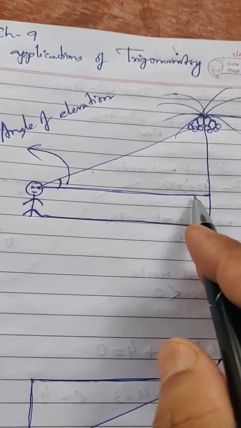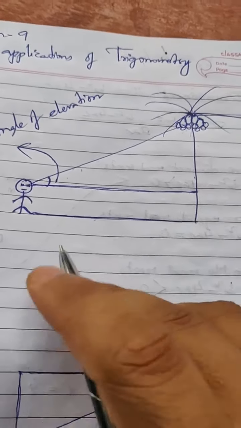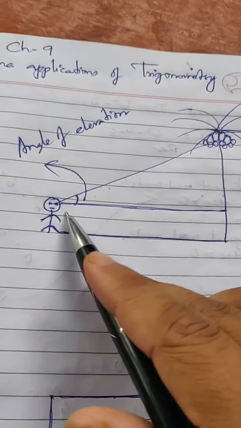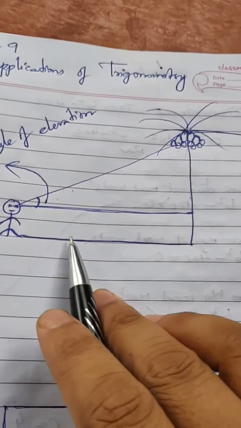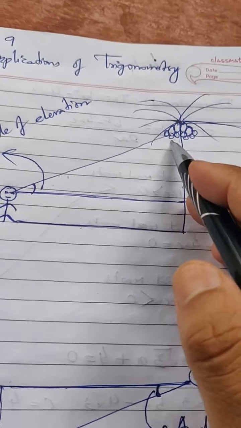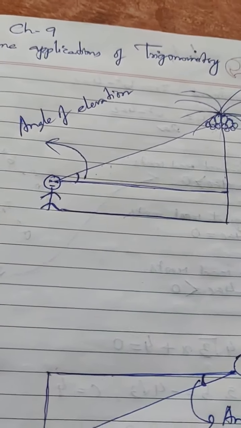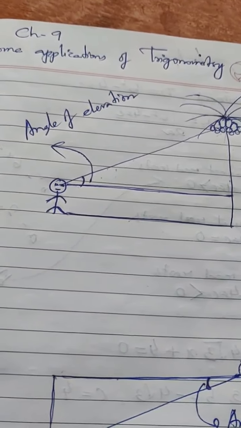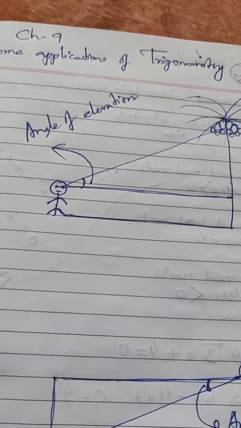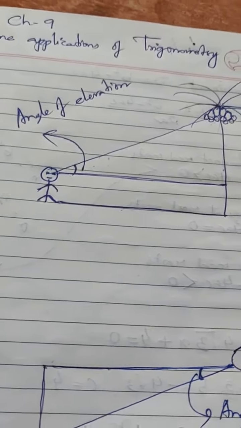So this line is normal. The straight line is normal, and when tilting upwards, that's the angle of elevation. So whenever you are looking upwards, at anything up.